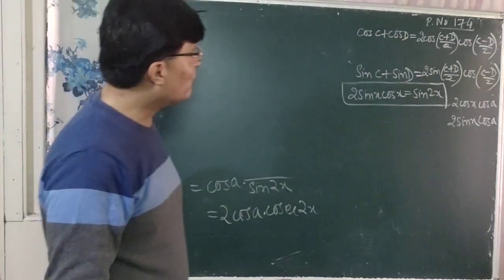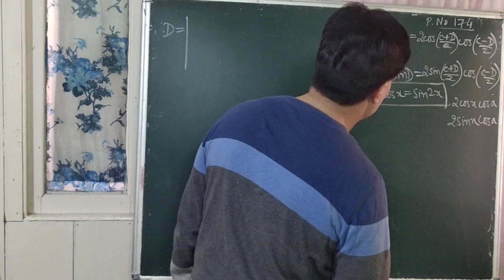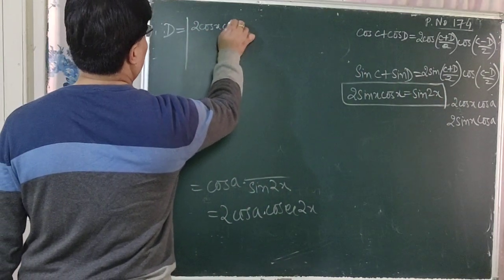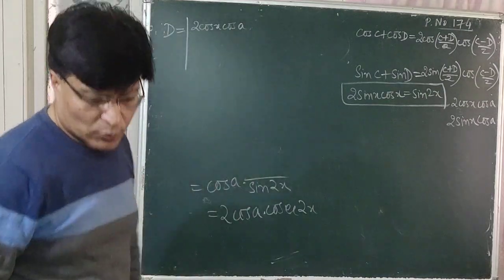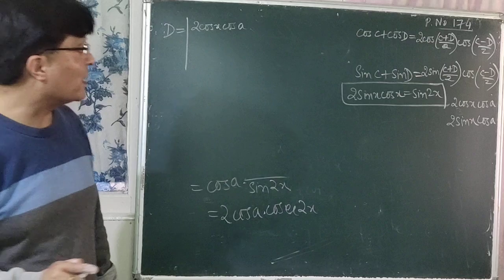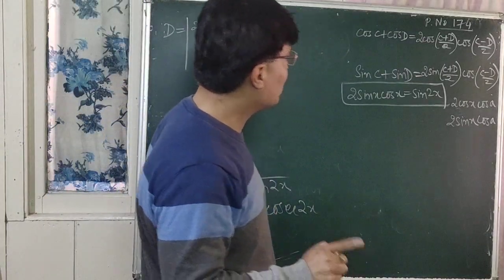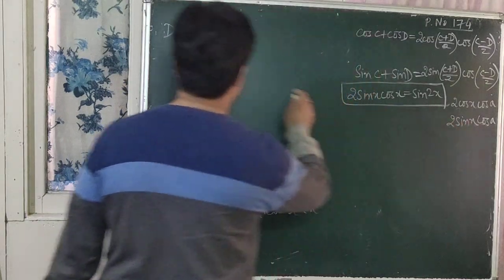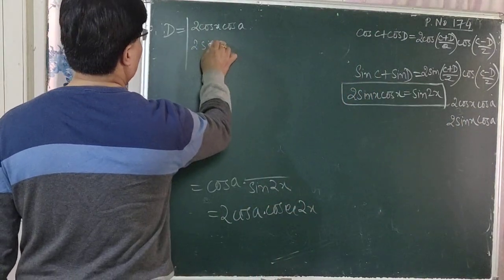So what is the simplified form? It was 2 cos x cos a. 2 cos x cos a, right? And the next one was sin of (x plus a) plus sin of (x minus a). And its simplified form was 2 sin x cos a. 2 sin x cos a.